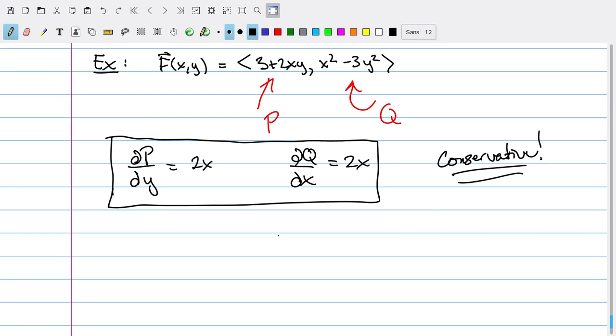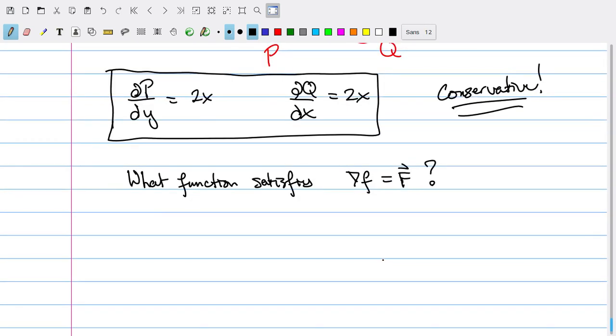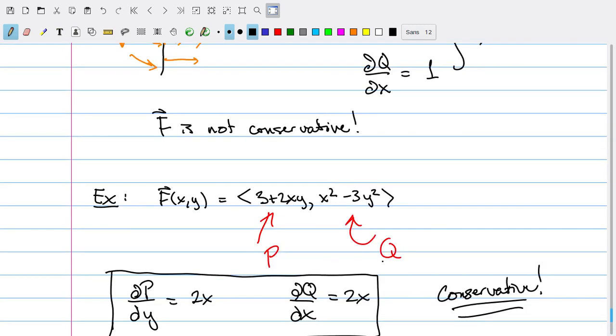Let's actually try to find a function whose gradient is F. To do this, I can use a little trick called partial integration.